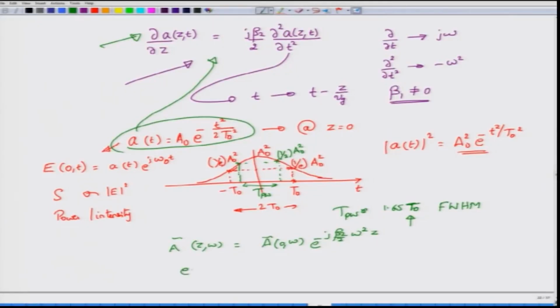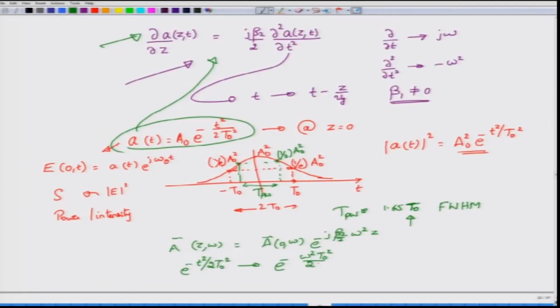Okay. So, roughly e power minus t square by 2 t 0 square. Please note that I am not transforming the power, I am only transforming the amplitude. Okay. So, this one will have a Fourier transform which is like e to the power minus omega square, and because you had t 0 square in the denominator, this would be t 0 square, and there will be some additional factor out there, I think it would be by 2.